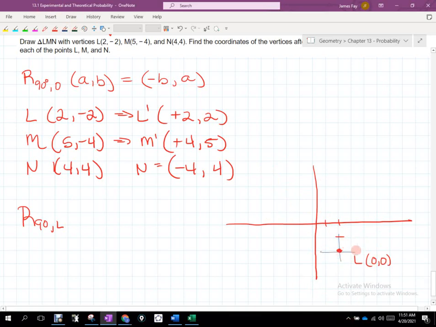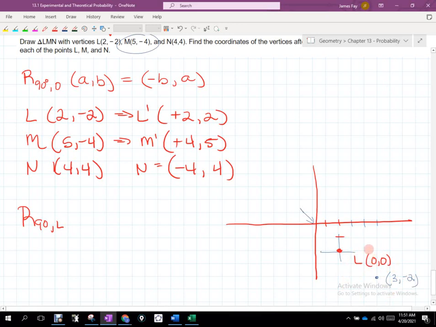If L becomes 0, 0, then this point here, which was at 5, -4, which is M, would be right there from the real 0, 0. It's actually 1, 2, 3, and -2 from L. Does that make sense?